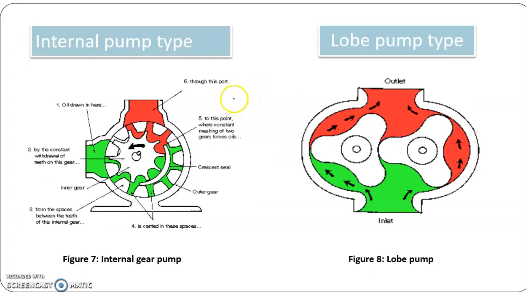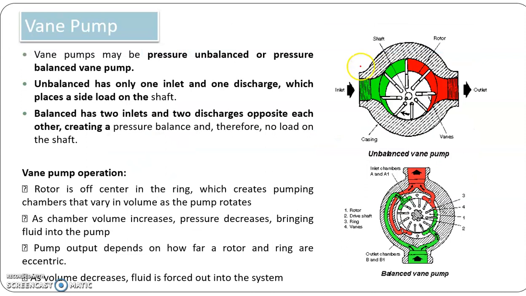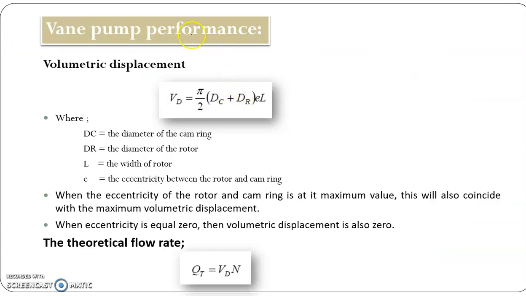This is the other type of gear pump, the external pump with loop pump. And then the other type is a vane pump. You can read it from the notes.